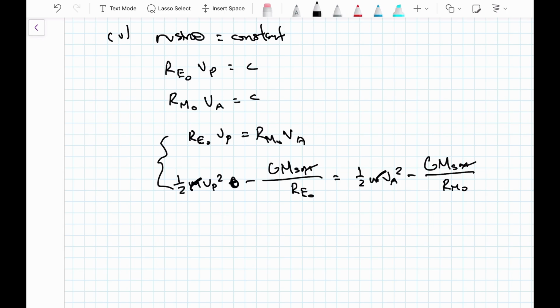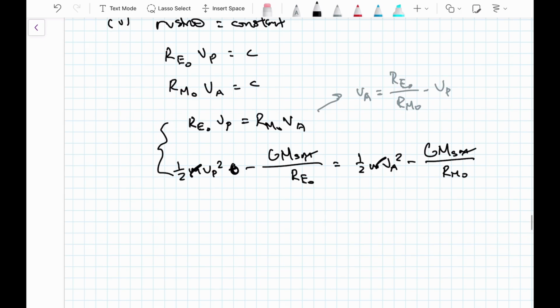Based on this, you can see this is basically a simultaneous equation, and then we can just substitute it in. So based on this equation, I think it might be more viable to get VP first. VA is equal to REO over RMO multiplied by VP.